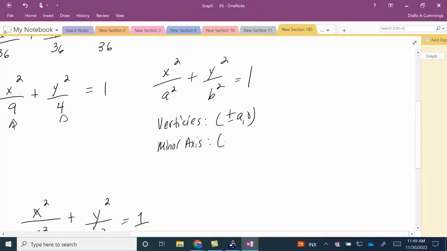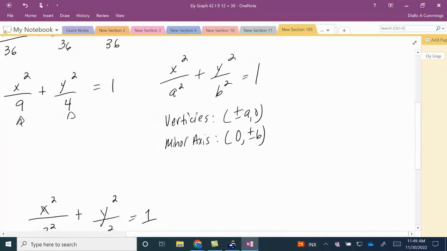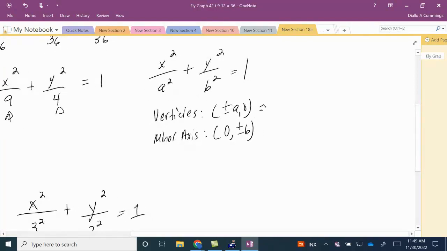The minor axis points are located at 0 comma plus or minus b. So we have our vertices as negative 3 comma 0 and 3 comma 0. We have our minor axis points at 0 comma negative 2 and 0 comma positive 2.